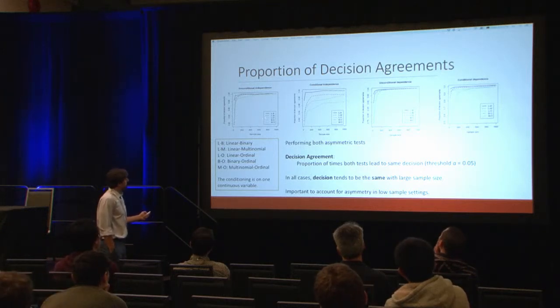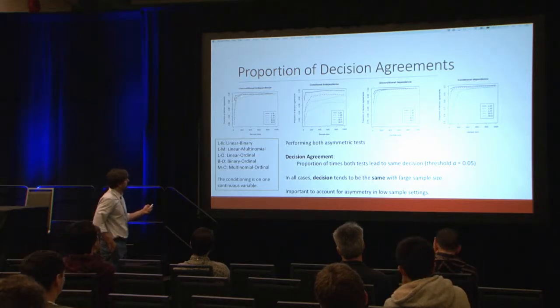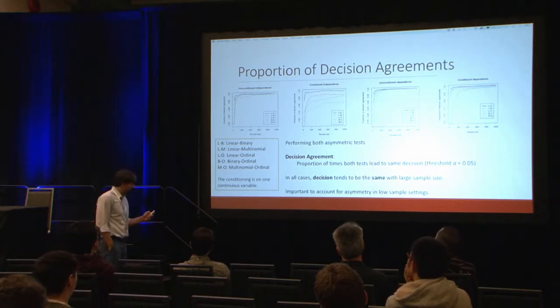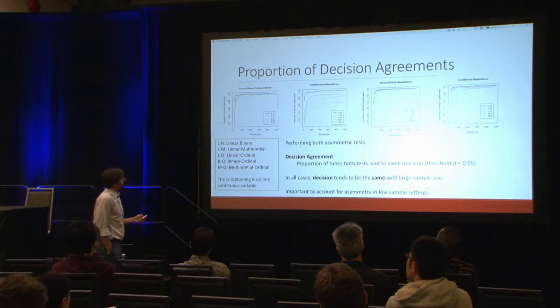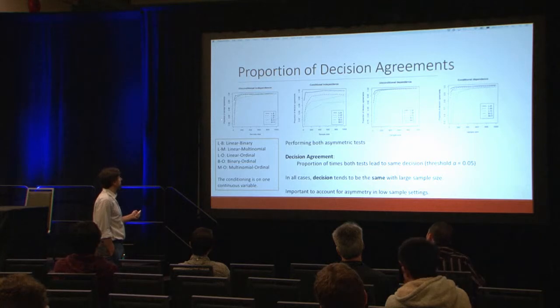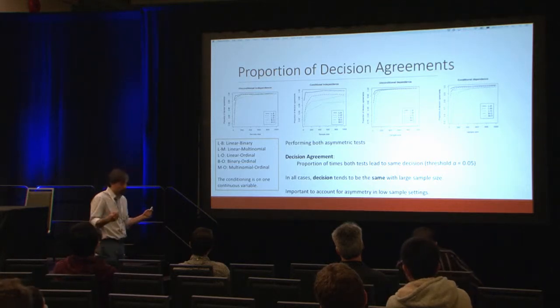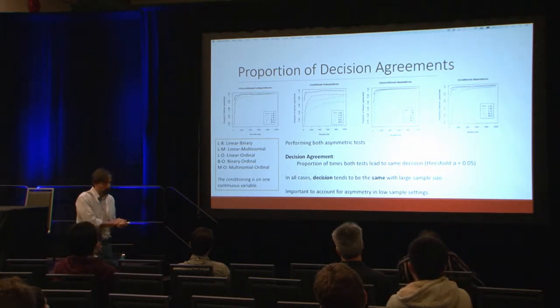And essentially, the lines here depend on the two types of asymmetrical tests that one needs to check. And the y-axis is how many times performing a regression on X or performing regression on Y gives you the same p-values.